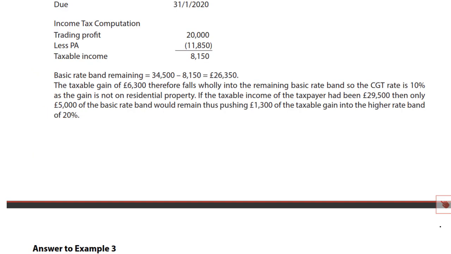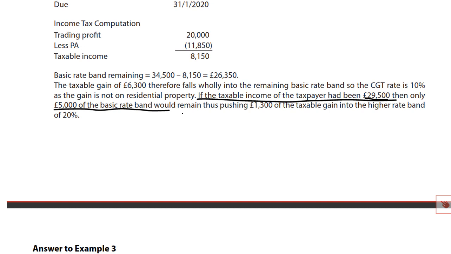Well, hopefully you've reviewed through and obviously seen the answer to our particular question, but what this also did was to take it further and say, if that taxable income of the taxpayer had been, say, £29,500, then with the basic rate band limit, of course, of £34,500, then only 5,000 of the basic rate band would remain.